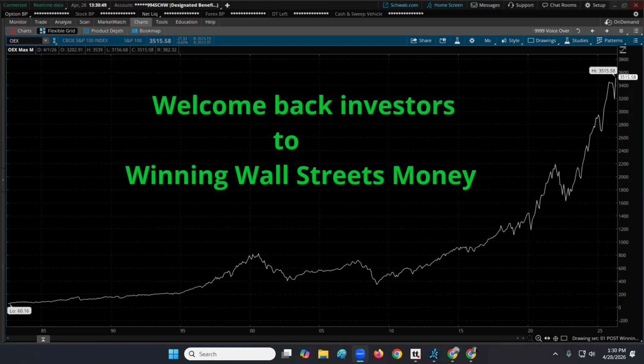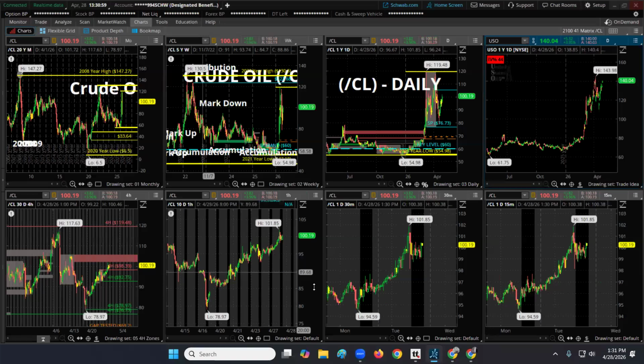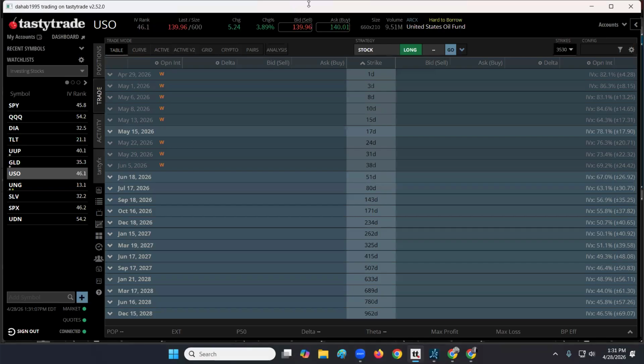Gonna include the option chain, methodology, as well as charts, part of the process I use to help determine a trade idea. We're looking at the Tasty Trade desktop trading platform of an option chain.